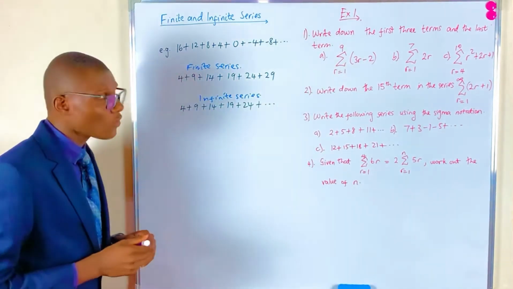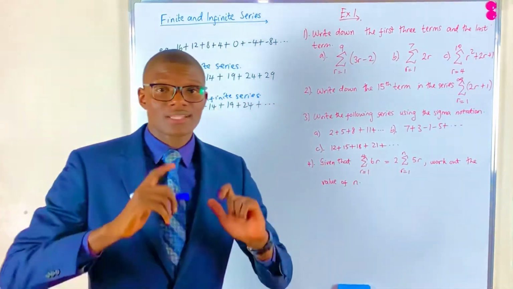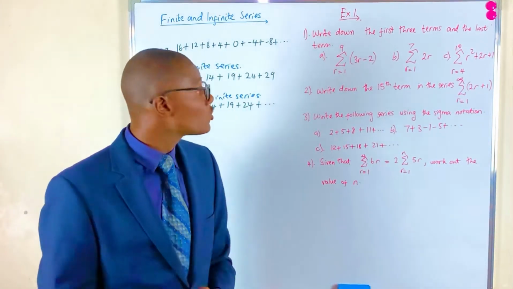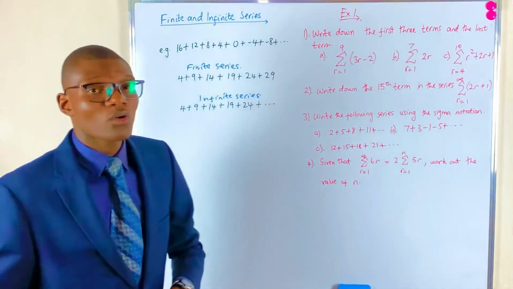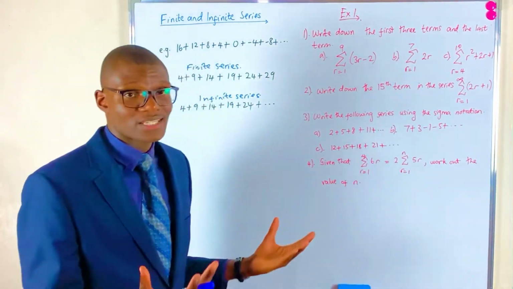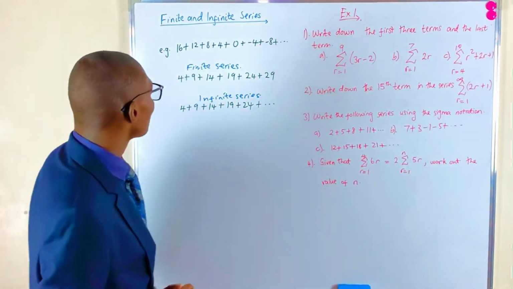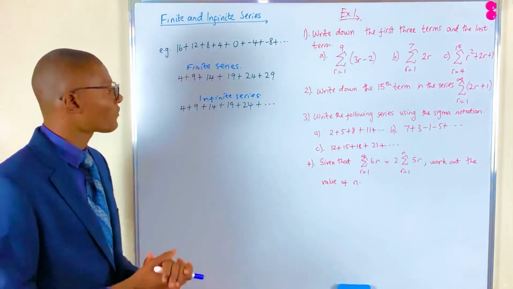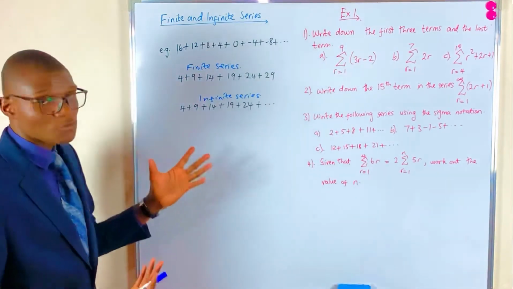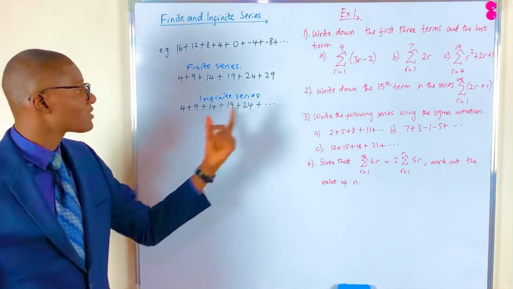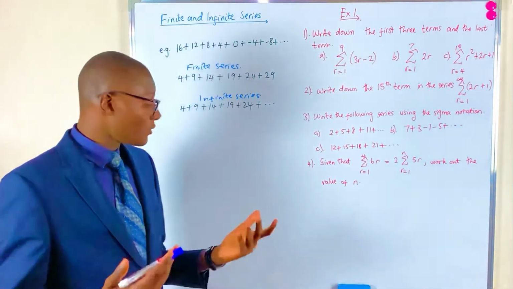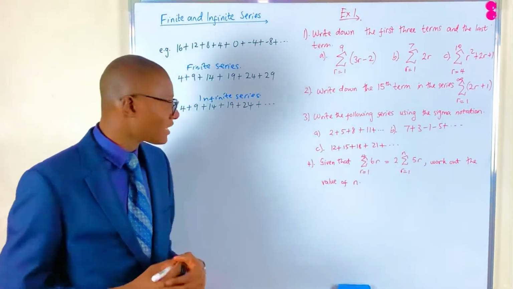As well, we'd like to look at what we call the sigma notation, which is used to come up with the shorthand for writing the summation of the number of terms in a series, or the summation of a series. First of all, we have to come up with the general term. The general term for this infinite series, we would calculate it the same way we calculate the nth term.